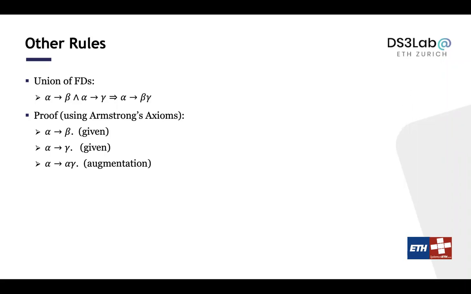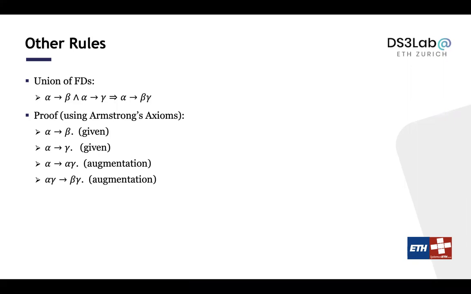And then you can do the augmentation by taking the second rule, alpha to gamma, and augmenting it by alpha on both sides. So you put alpha on the left-hand side, you put alpha on the right-hand side, and then you have a new functional dependency from alpha to alpha gamma. You get the third one by augmentation of the second one.